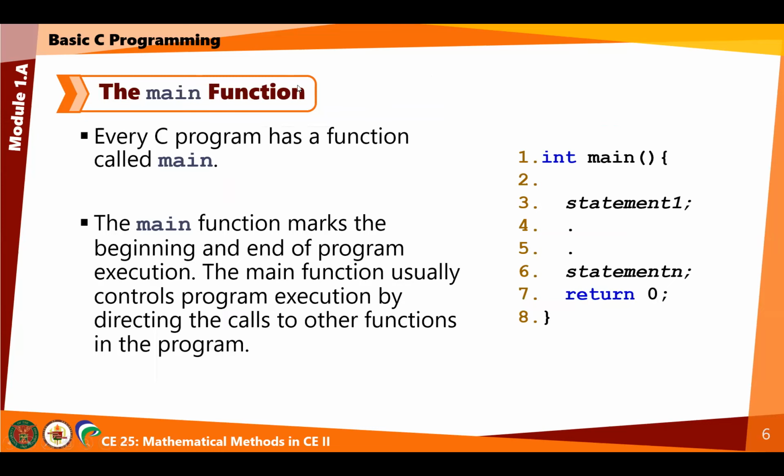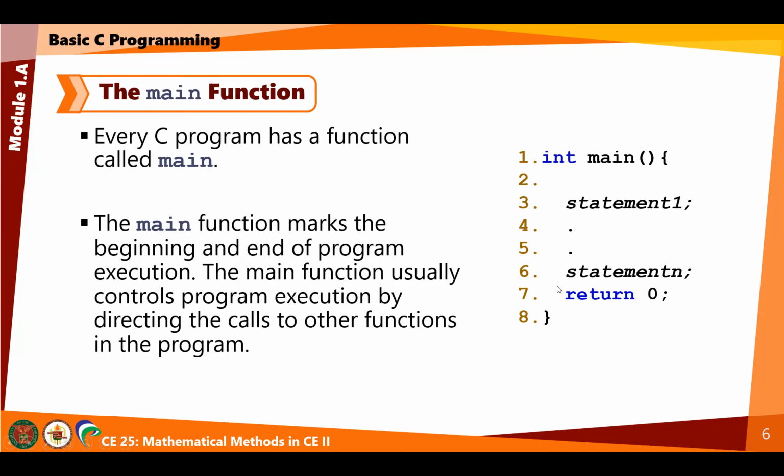So, as I've discussed earlier, every C program has a function called main. Doon sa main marks the beginning and end of the program execution. Lahat ng gusto nyong i-execute ng program nyo, ilalagay nyo doon sa main. So this is the general flow. My main function, you have a bracket sign, and then all your statements that you want the program to do, and then return 0.